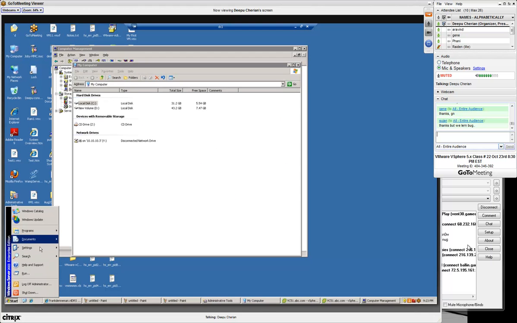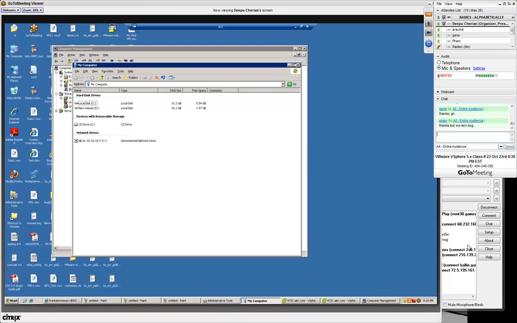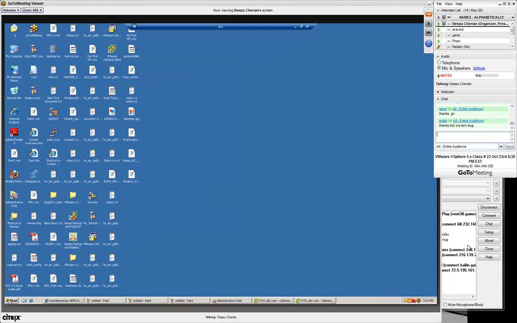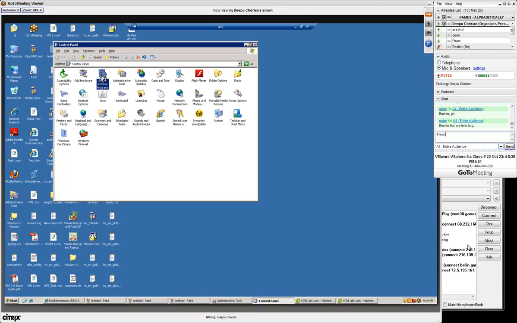If you look at add remove programs, this is the server that we are converting. If you go to the add remove programs of this server, you can see that the VMware converter agent is running there.